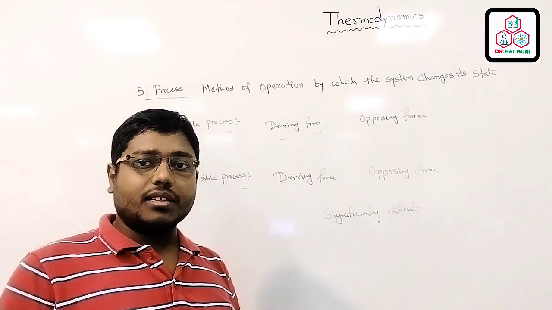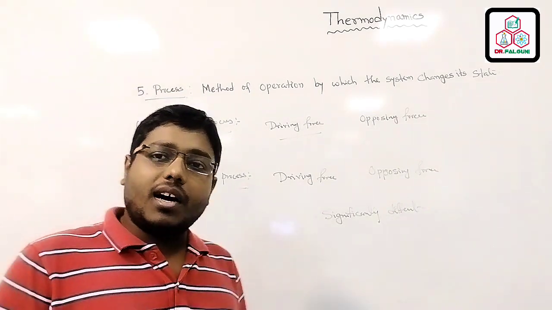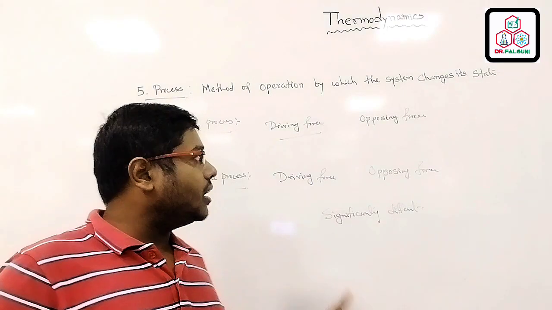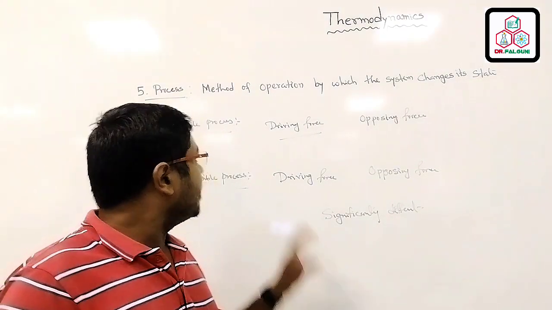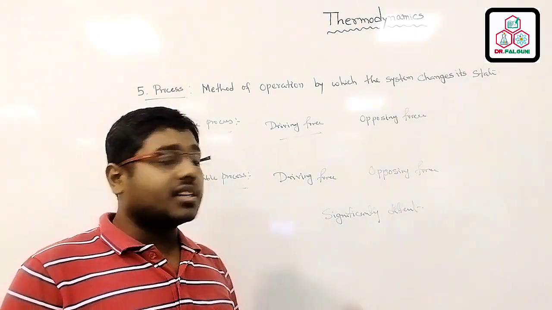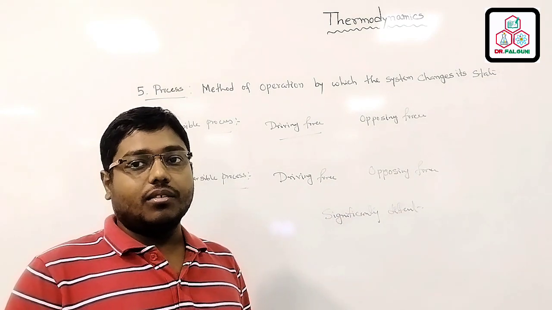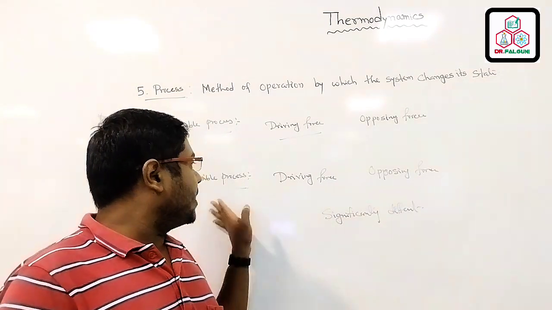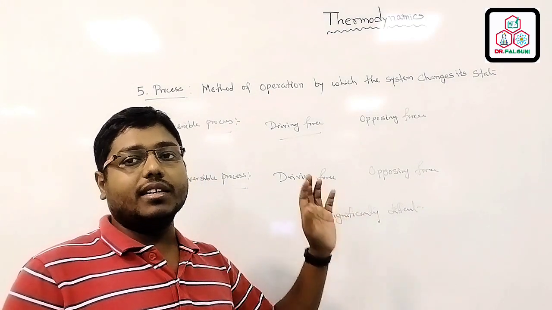So in a reversible process, the driving force and opposing force have a very small difference. But in an irreversible process, the driving force and opposing force are significantly different. For this, in the irreversible process, the system cannot go to the initial stage.